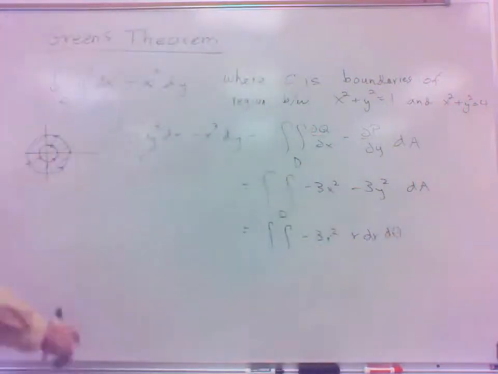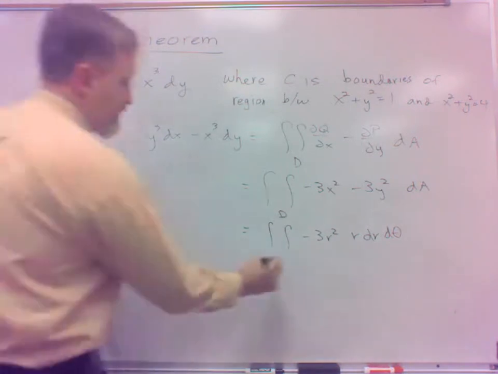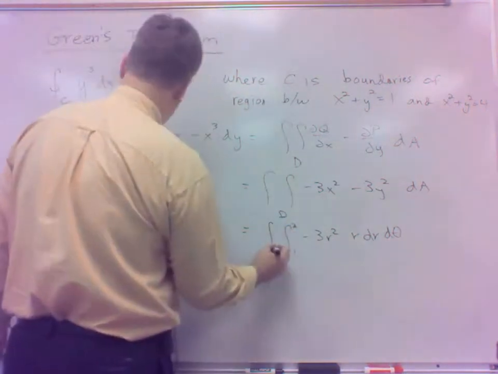But notice here the r now is not 0 to 2, it's 1 to 2. So it's the same setup, just theta from 0 to 2 pi. That's all it changes. The r is 1 to 2 instead of 0 to 2.